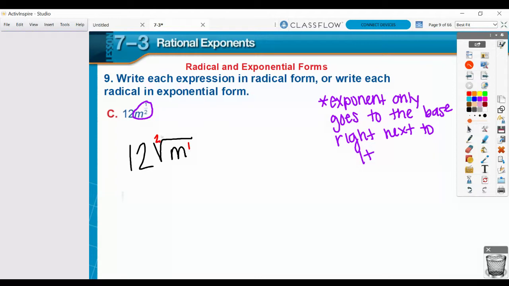But remember, we don't write the 1 and the 2. So your final answer would be 12 square root m. If you see, the 1/2 only goes to the m, so the m is the only thing underneath the radical.